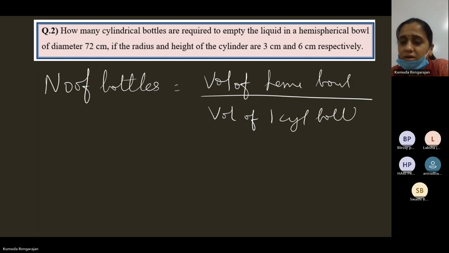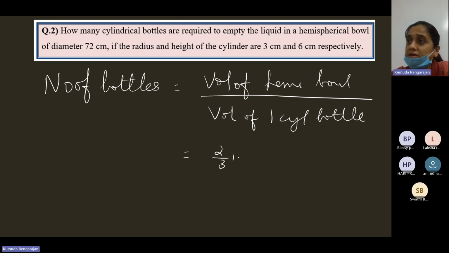Perfect. Very good. So what's the volume? How do you find the volume of a hemisphere? 2 by 3 pi r cubed, divided by one cylindrical bottle, which is pi r square h. But r is different in both, no? So maybe you can use a capital R here.